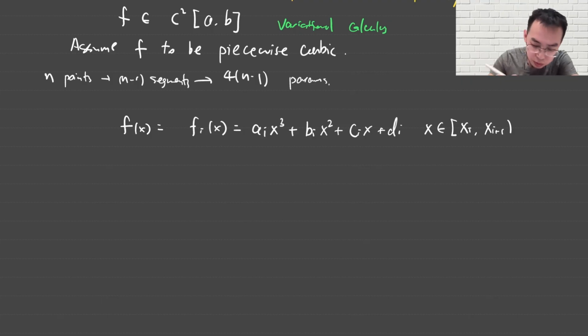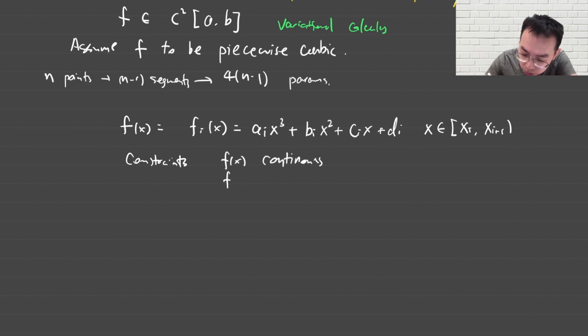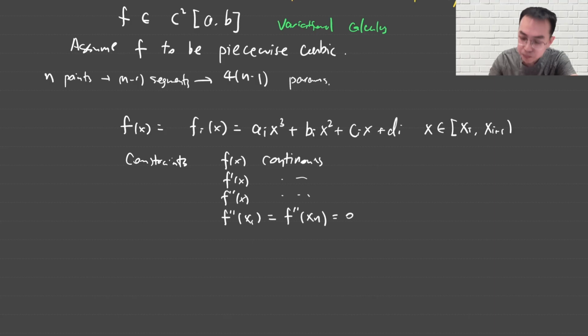So let me write down the constraints. We have f(x) continuous, f prime of x continuous, and f double prime of x also continuous. And we have the boundary condition f double prime of x_1 equals f double prime of x_n equals 0. The second derivative vanishes at the boundary. That's the same as the cubic spline.